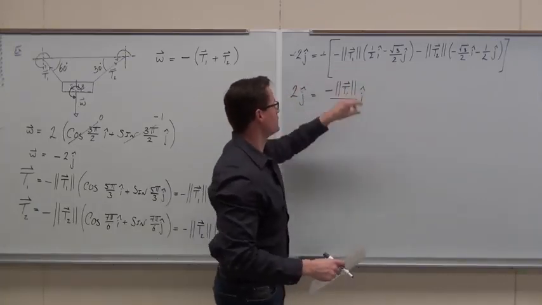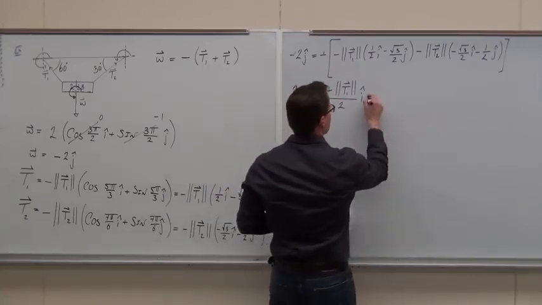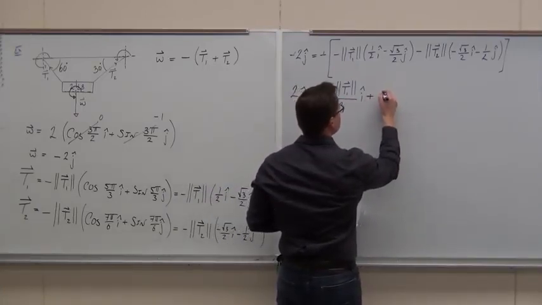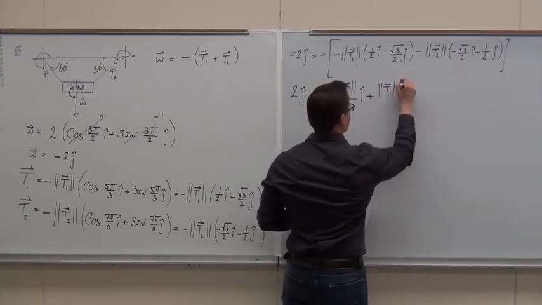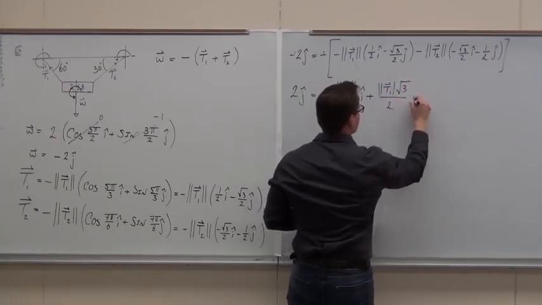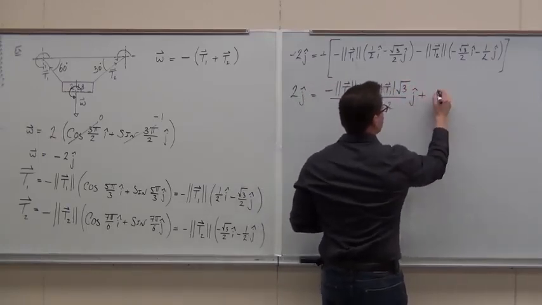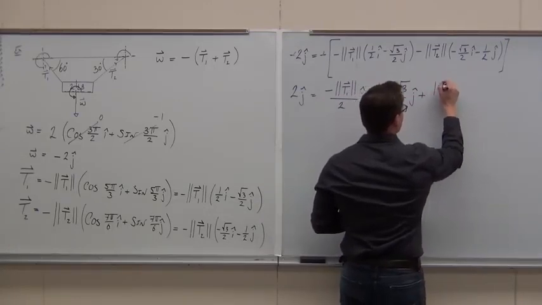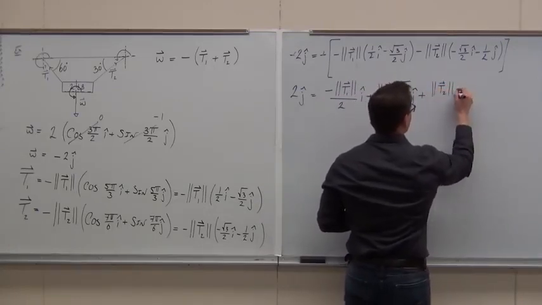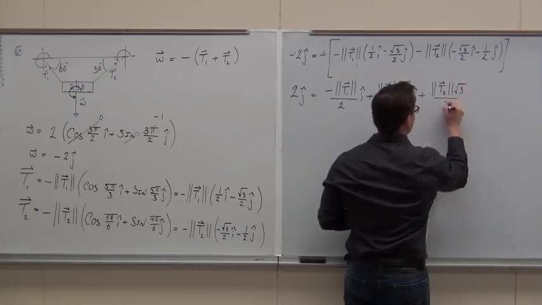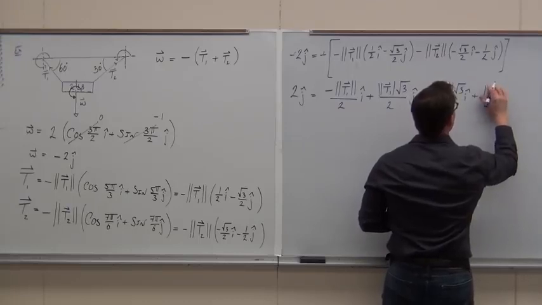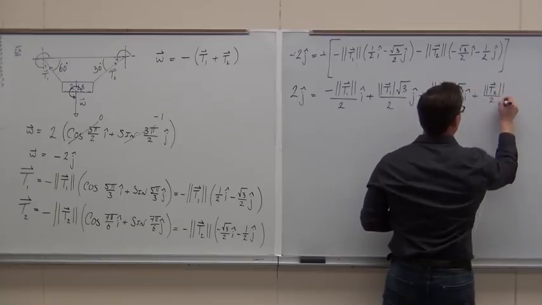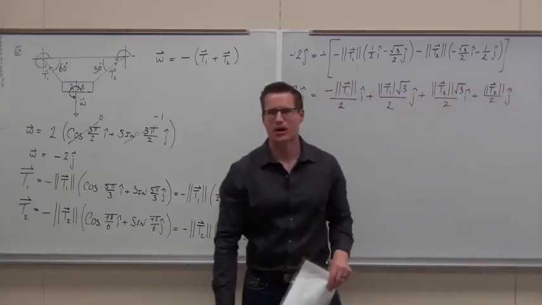This distributes, we get negative magnitude t1 over 2 plus this thing, j, plus magnitude I plus magnitude, super fun. Awesome. Oh, that sucks.